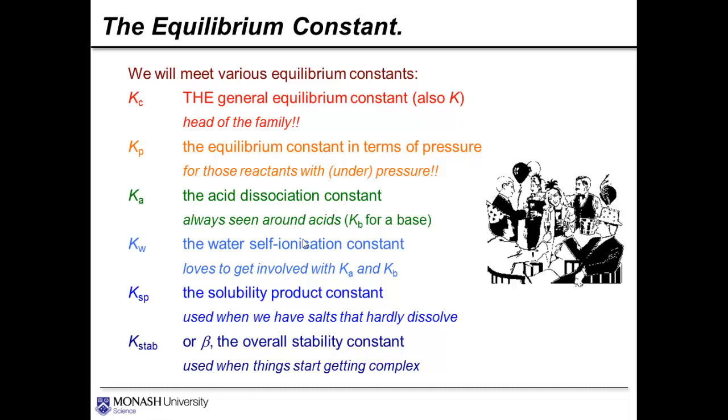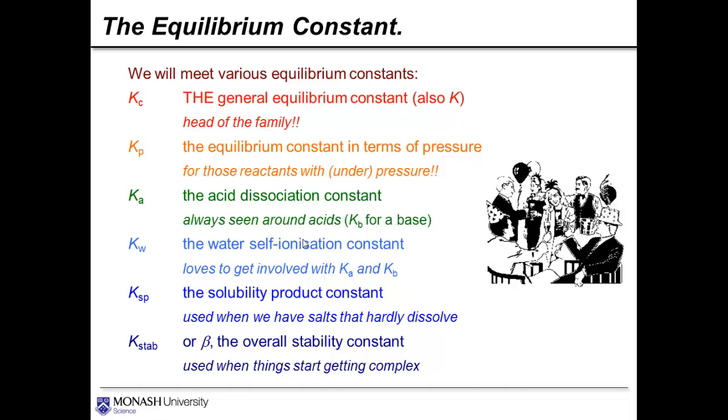Ka is also known as the acid dissociation constant and is used for situations where you're generating some sort of concentration of H3O+, the hydronium ion. Kb is the corollary to this, where you're dealing with a basic concentration. Of course, all aqueous reactions always have some concentration of H3O+ and OH-, but they're usually either more acidic or more basic, and we use one of these two constants depending on that situation.